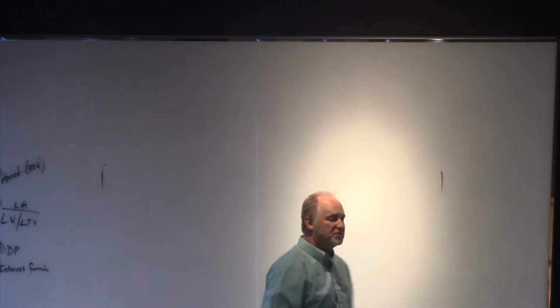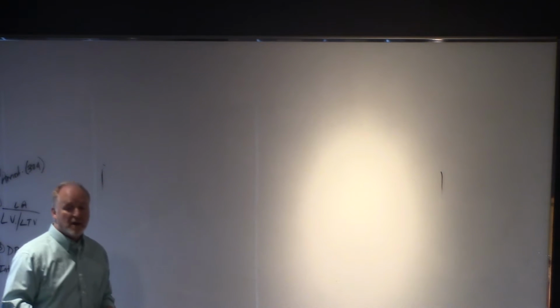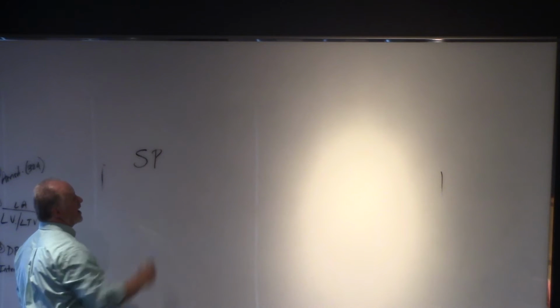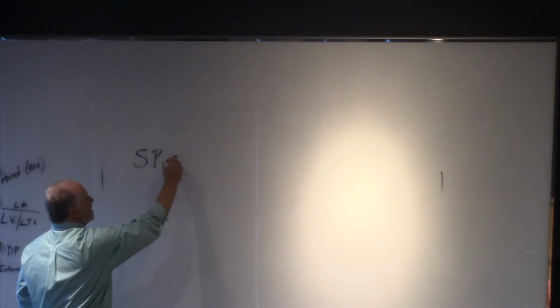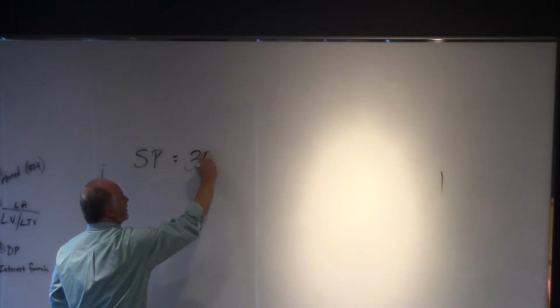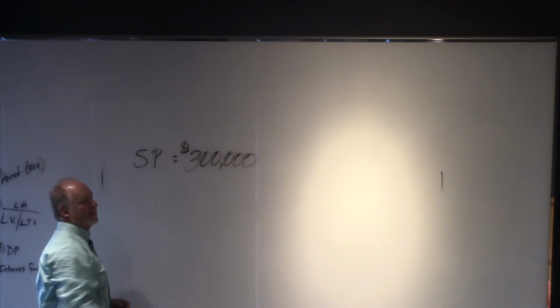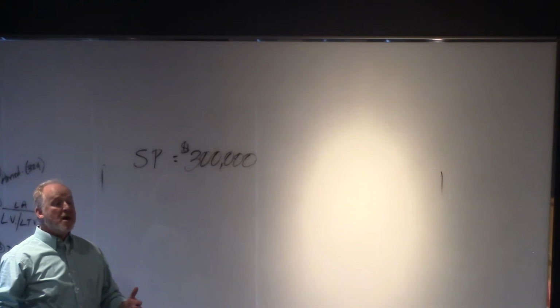Scenario number 2, I'll use different numbers just so you'll see that we're entirely two different problems here. The sale price, in this case, is going to be $300,000. That's the contract sale price.